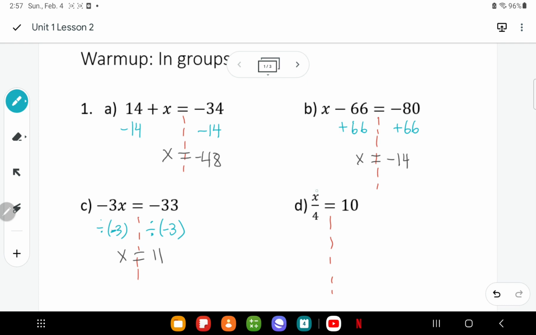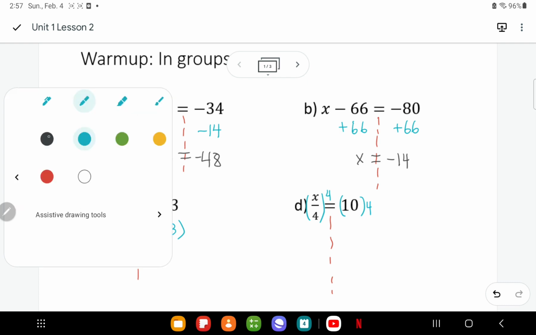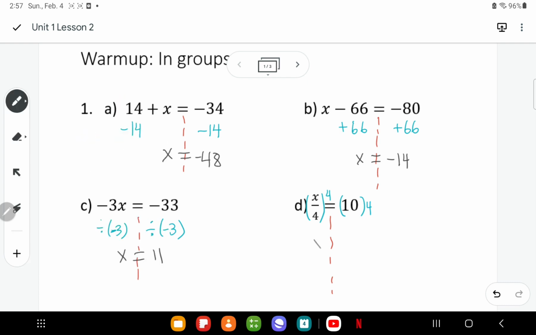And the last one, we have x over 4. A fraction means division, so I'm going to multiply by 4 on both sides because multiply is the opposite of divide. So my answer ends up x equals 40. So double check your work. Hopefully you got those ones right based on day 1's practice.